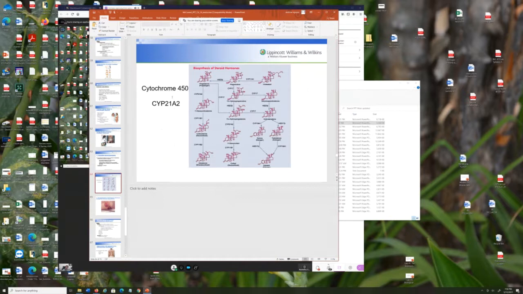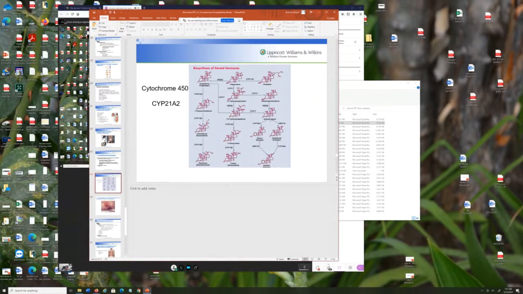Now, in the disease called congenital adrenal hyperplasia, there is a defect in this enzyme. As such, you don't have any cortisol, so it's a hypocortisol secretion. But if you can't go from here to here, this thing is going to back up. The 17 alpha hydroxyprogesterone is increased.